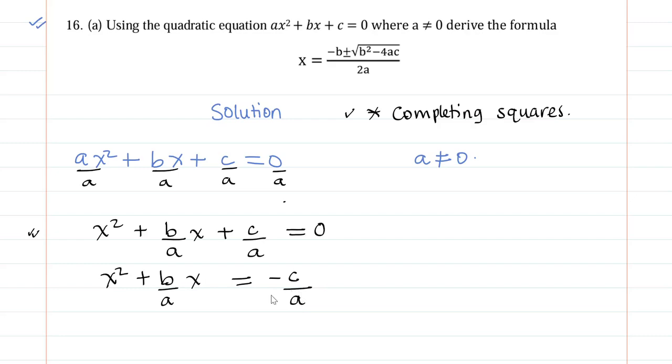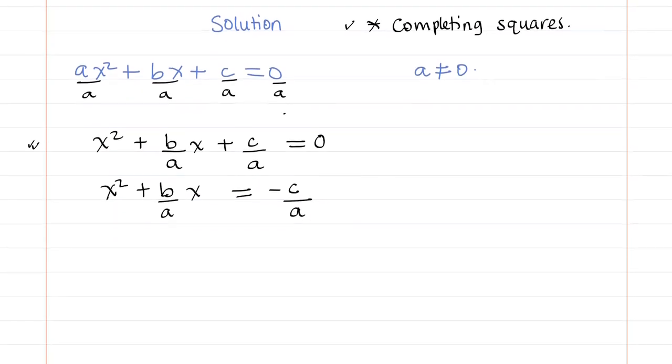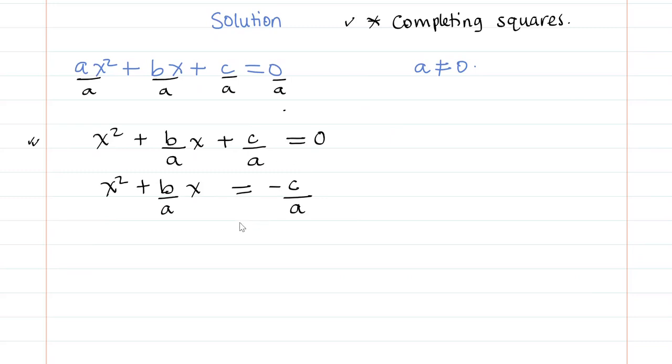Now, from here, what does the completing square method say? It says that we get half of the coefficient of x.